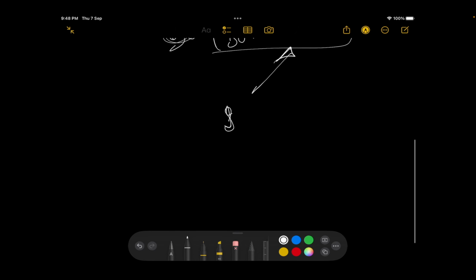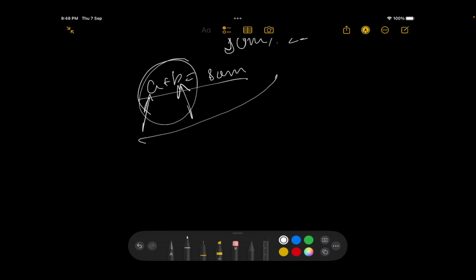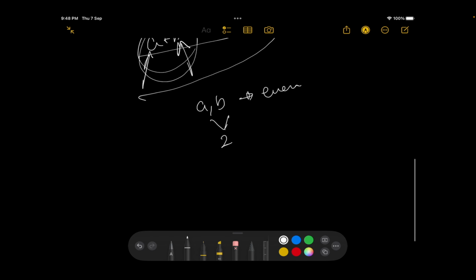So if my sum mod 2 is equal to 0, and let's say A plus B is equal to sum, then I can come up with values for A and B such that A and B both are even, right? In this case, because A and B are even, definitely they are not co-prime, because 2 definitely would be a factor of them, right?